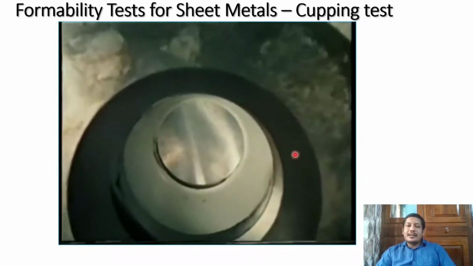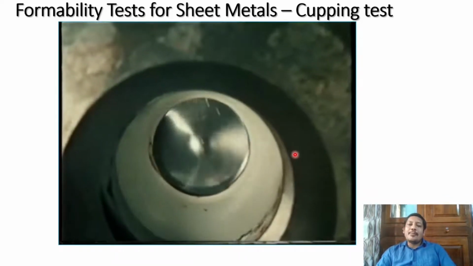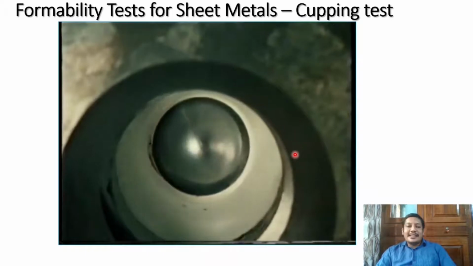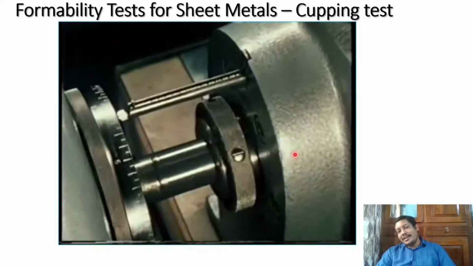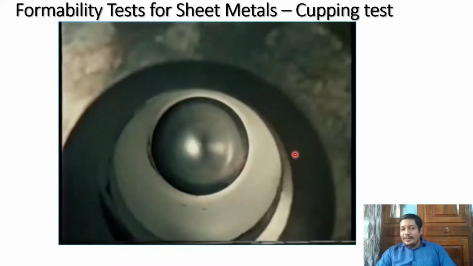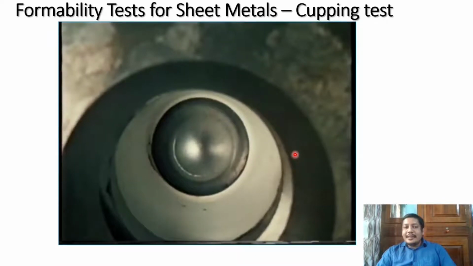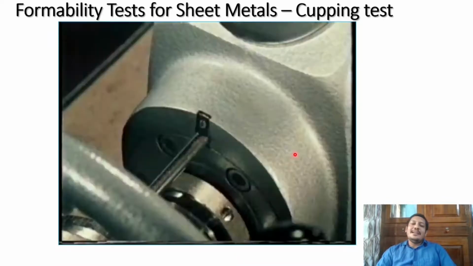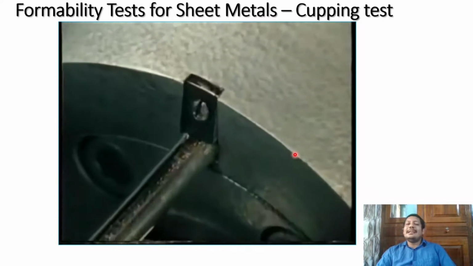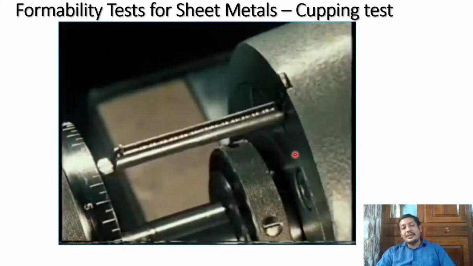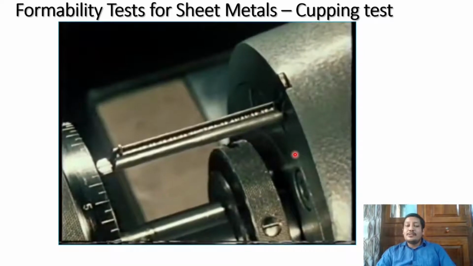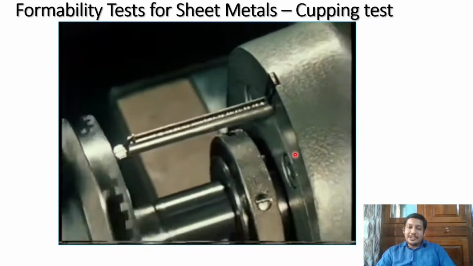Now you can see on the other end you can provide a camera. On that you can see you are exerting force with the help of a punch on the sheet. You are further doing it, the cupping is taking place and now it is cracked. When it is cracked you have to stop at that point. You can see how much force, based on the rotations you have given, has been applied to the sheet.